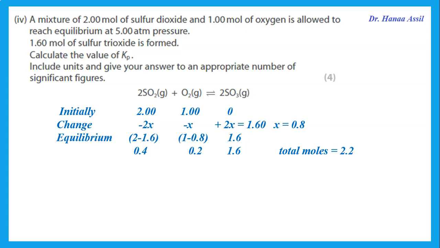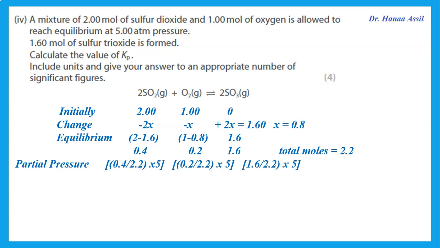Now, how do we determine Kp? We need the partial pressure of each of these. How do we get partial pressure? Mole fraction times total pressure. Mole fraction means the number of moles of what we're talking about divided by the total number of moles, times the total pressure.